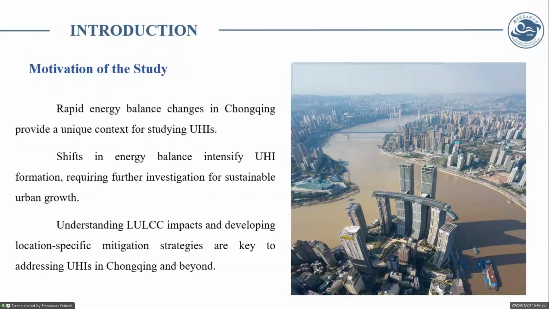But here's the case: Chongqing, which is a mountainous area, and considering its geographical position in the mid-latitude region, is experiencing urban heat footprints. The question is, why is it experiencing this? It's because of changes, of course. We make alterations in the landscape every day. Chongqing in the 1990s cannot be Chongqing in 2020.